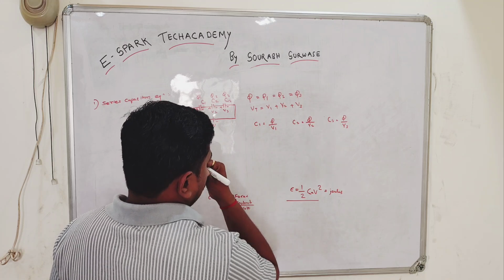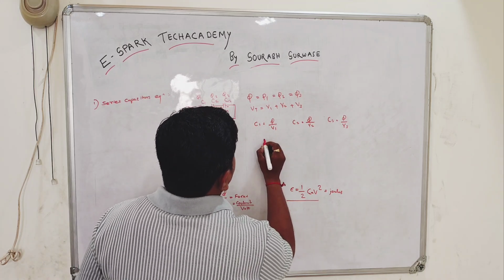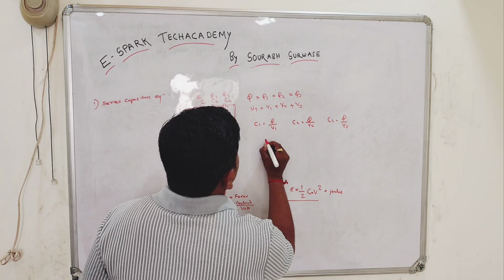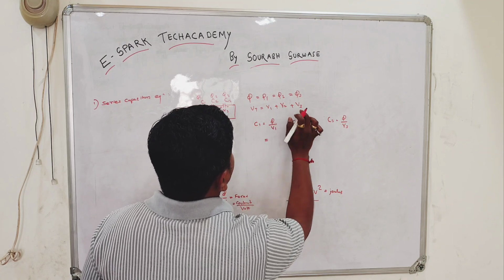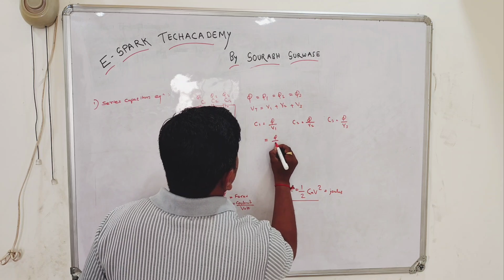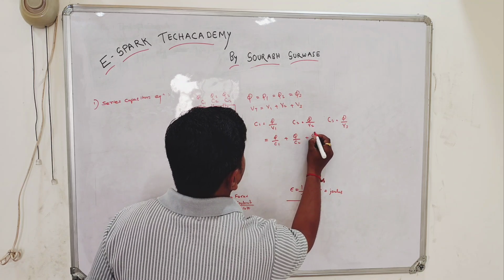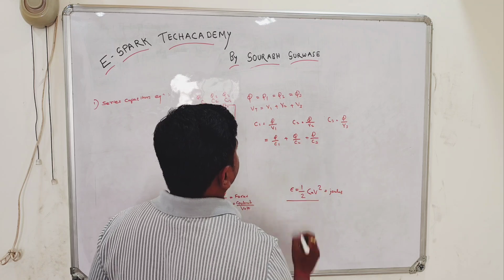When you calculate the equivalents, you will get V1, V2, V3 as Q by C1 plus Q by C2 plus Q by C3.